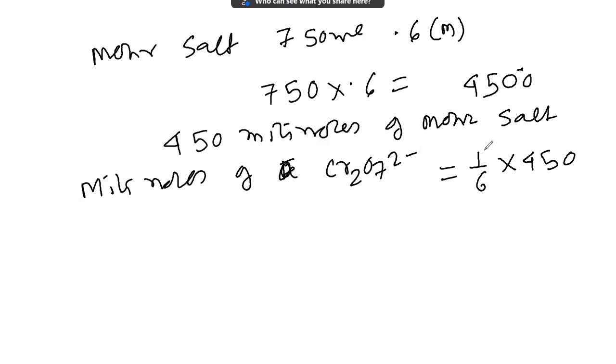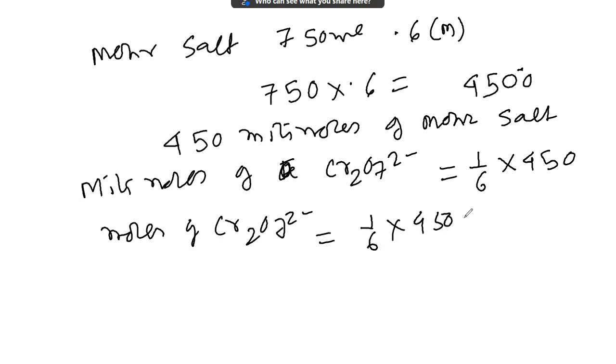The millimole and mole ratios are the same. So the moles of dichromate will be 1/6 into 450 into 1/1000.